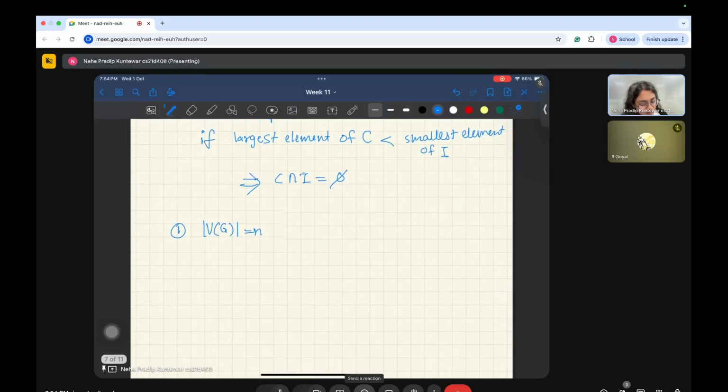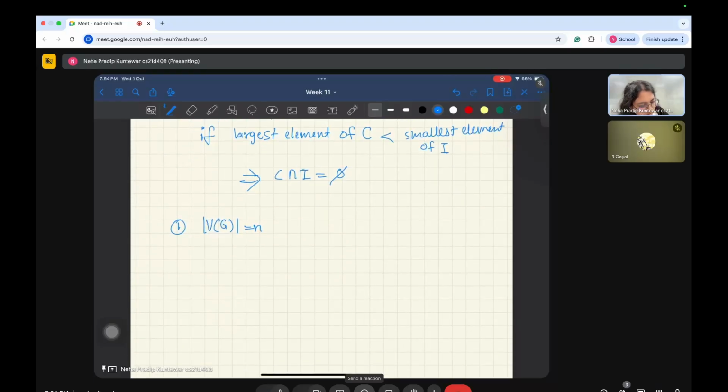Then Alice checks if there is an element of degree greater than n by 2 in C. If yes, then she will send a 1. If no, then she will send a 0.